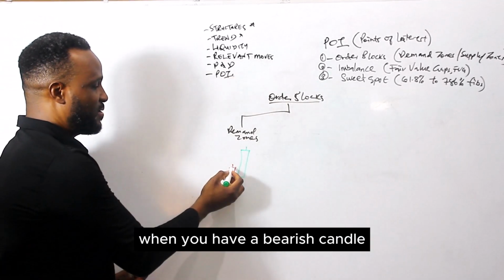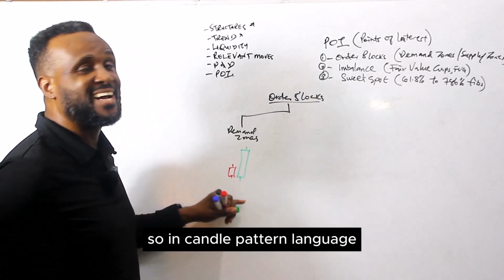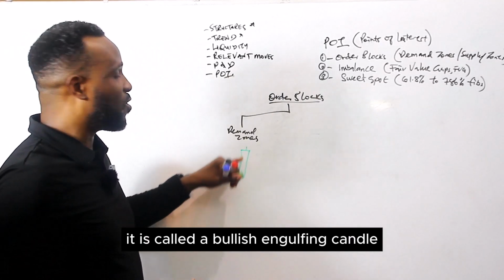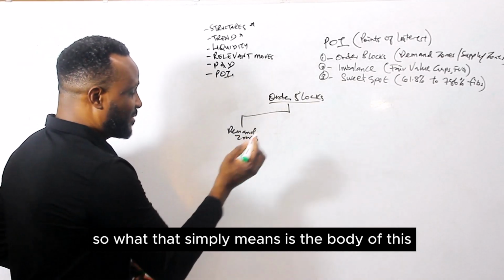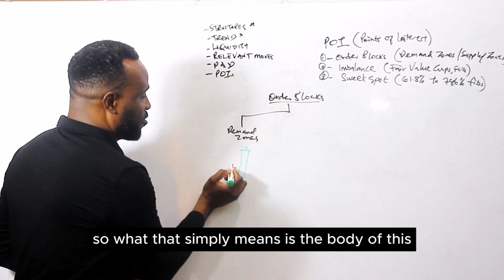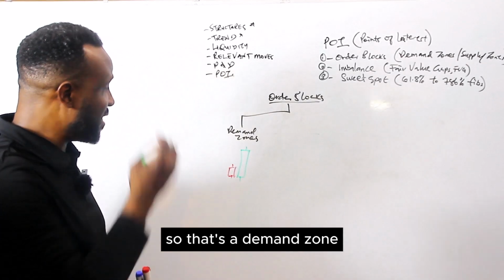When you have a bearish candle that is completely engulfed, in candle pattern language, it is called a bullish engulfing candle. What that simply means is the body of this completely engulfs the body of this, right? So that's a demand zone.